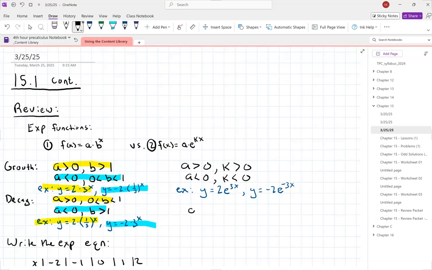And then it's decay if a is greater than 0 and k is less than 0, or if a is less than 0 and then k is greater than 0.